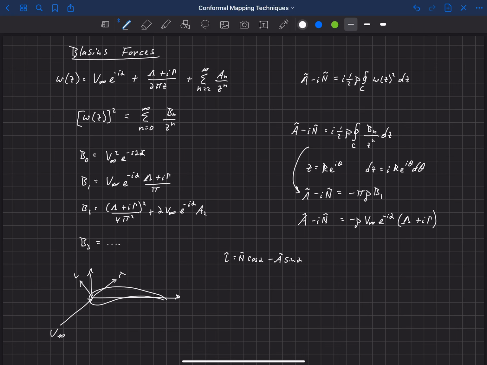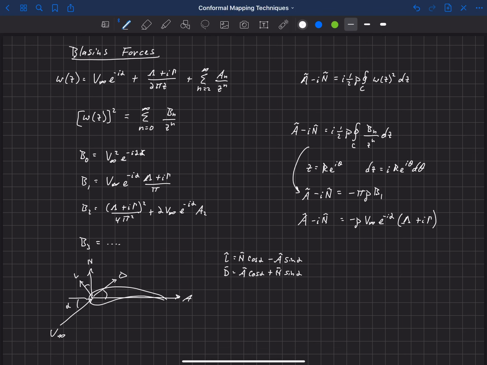Lift is in that direction, drag is there, and then we've got axial force there and normal force there. By the way, this is alpha, our angle of attack, so these three angles are alpha. So this is just expressing the lift in terms of normal and axial. We can do the same with drag. The drag is equal to the axial times cosine alpha plus the normal times the sine of alpha.